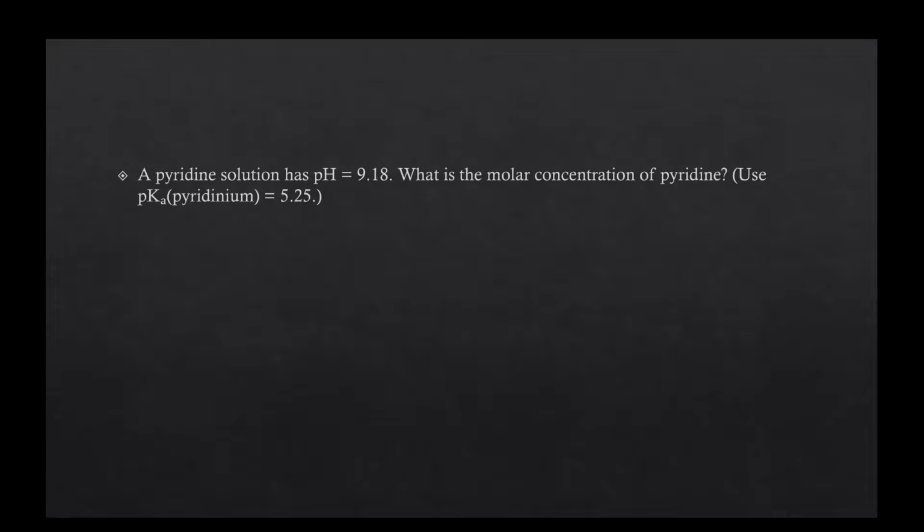Pyridine solution has a pH of 9.18. What is the molar concentration of pyridine? Okay, so ang nawawala ngayon dito is HA. So pKa, let's get first Ka. Ka is 10 raised to negative pKa, 5.25. Ka is 5.6234 times 10 to the negative 6.